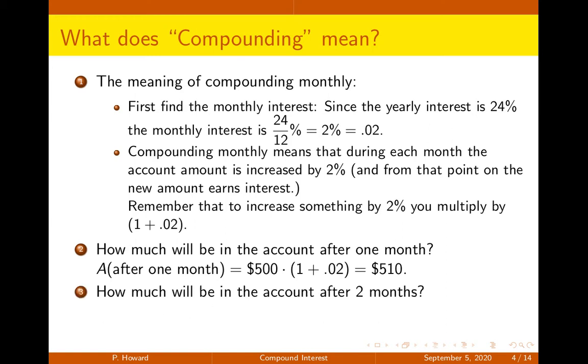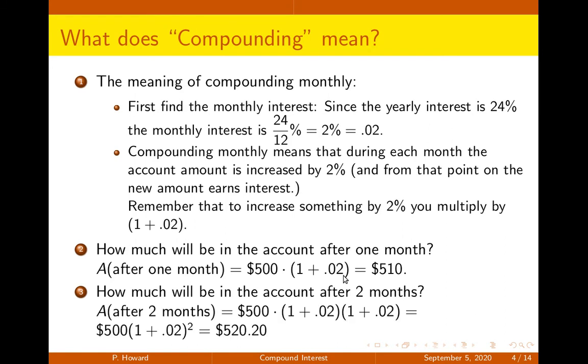How much will be in the account at the end of 2 months? Well, during the second month, the new amount, $510, earns interest. So we want to take the 500 times 1 plus 0.02 and increase that by 2%.